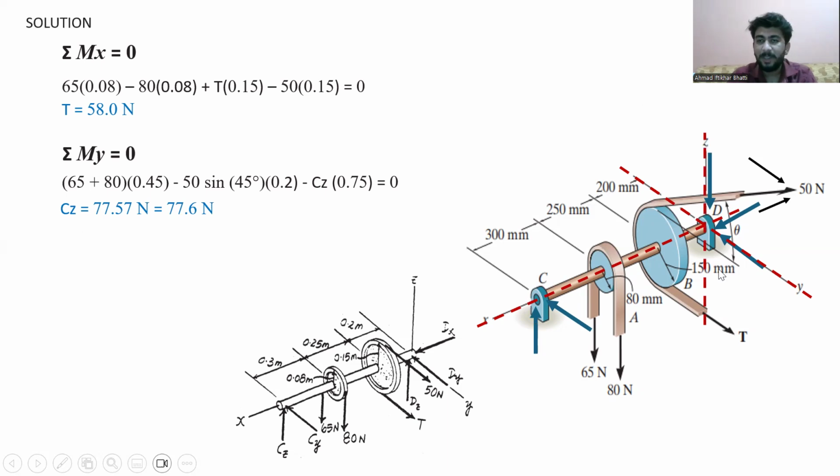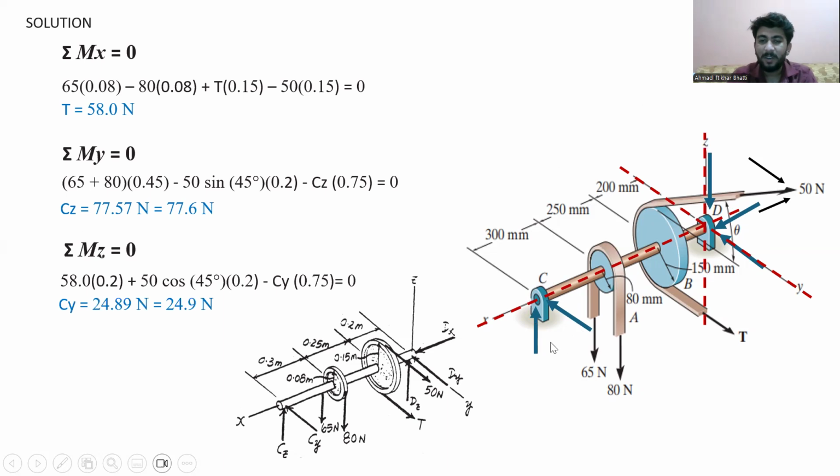And you see, we can also apply moment about the z-axis. So we get the reaction force at the bearing C in the Y direction. See, we have the 58 Newton force, which is the tension force, and we have a perpendicular distance of 0.2 meters. Lastly, we have this 50 Newton force, because you see it is moving with the y-axis, so it is also moving with the z-axis.